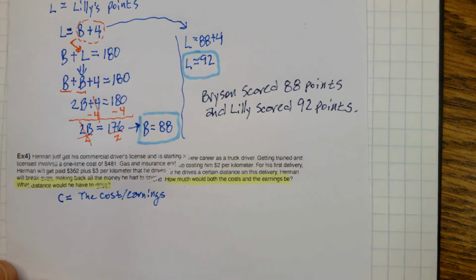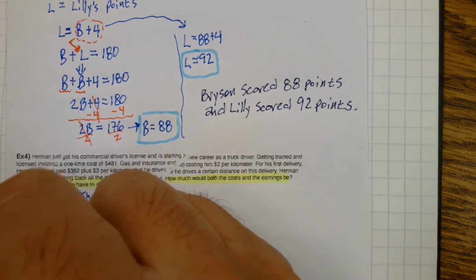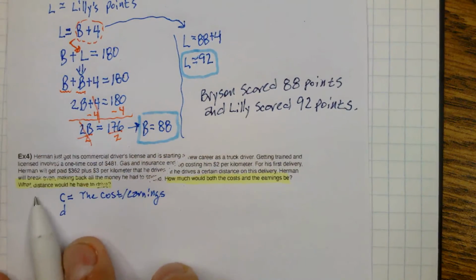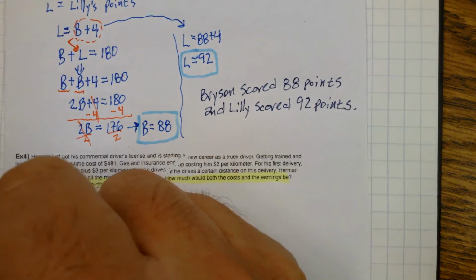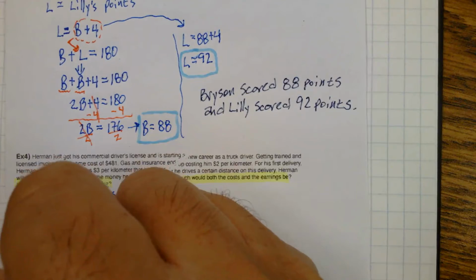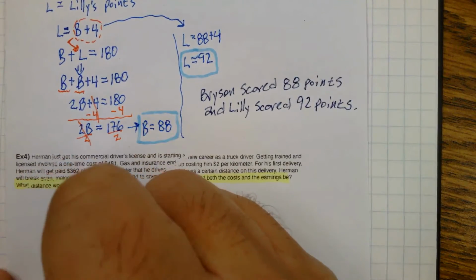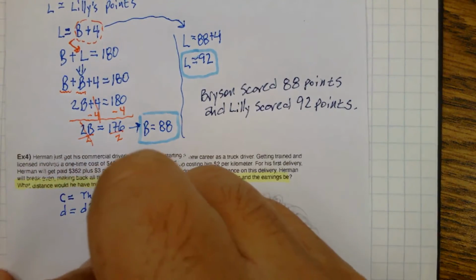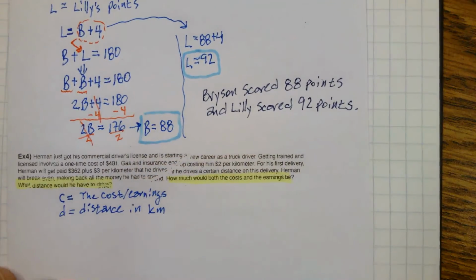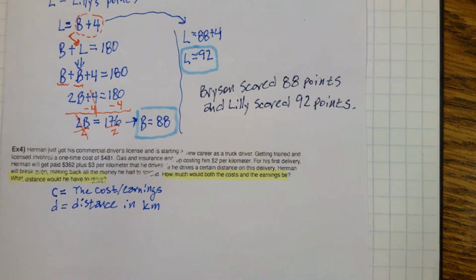And the other one is the distance he drove in kilometers. And that's this one. The distance, what do you have to drive? So that's distance in kilometers. Okay. All right. So those are the variables.